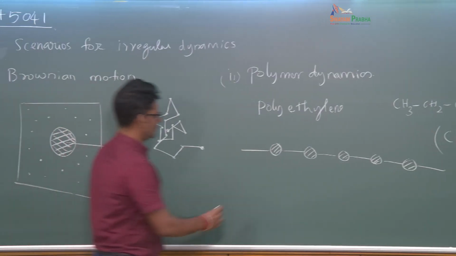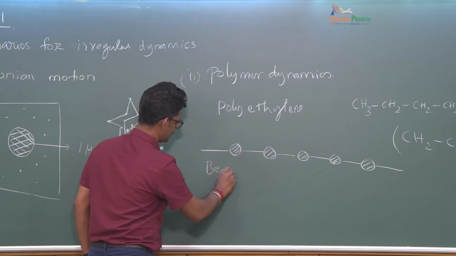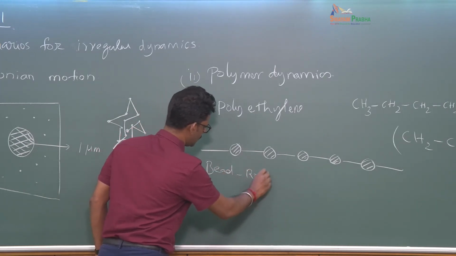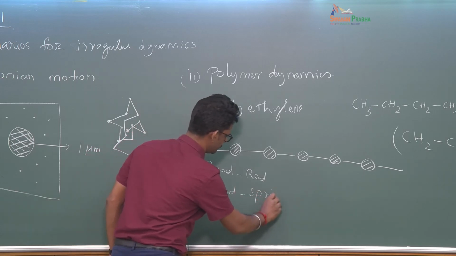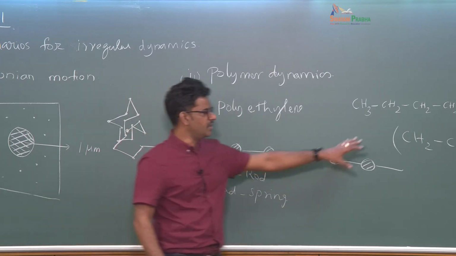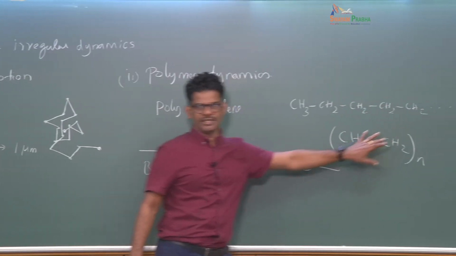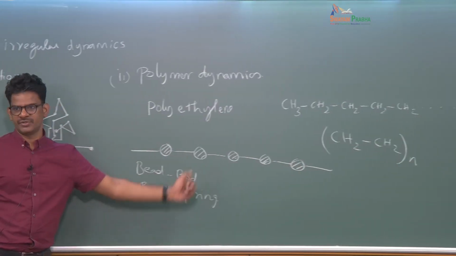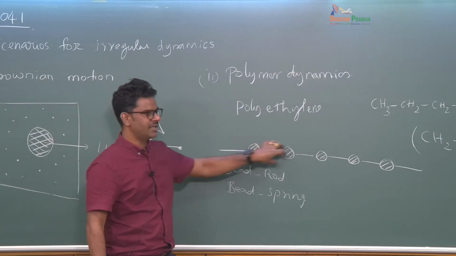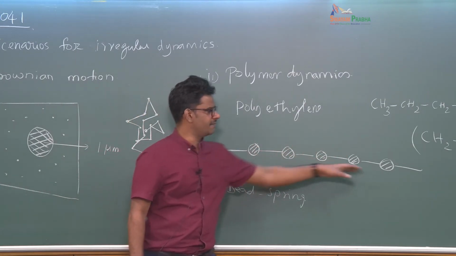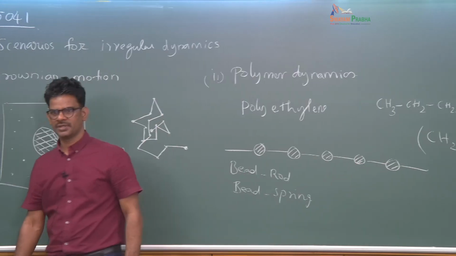This is called bead rod or bead spring. These are different ways to represent the chemical details in a simple artistic representation. Each monomer is connected by a bond, and you can have as many bonds as you want.